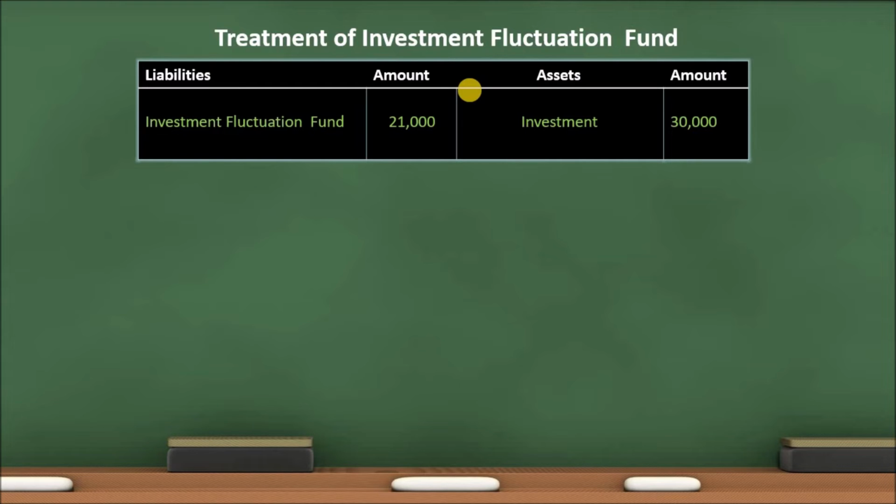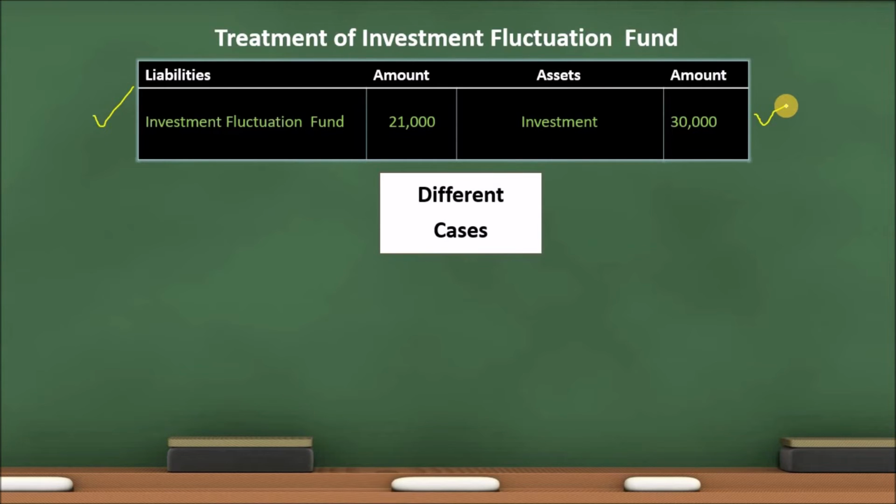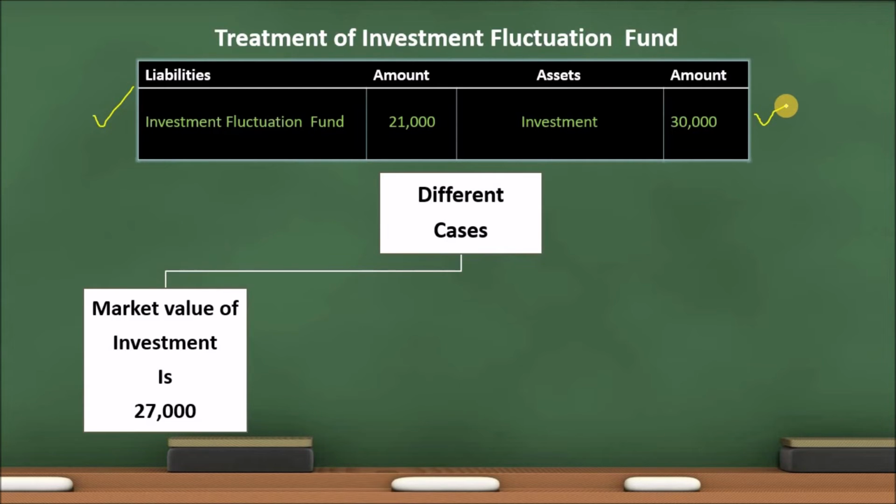Now let us see different cases of investment fluctuation fund. I am taking an example where the investment fluctuation fund appearing in the balance sheet is 21,000 and the investment recorded in the books is 30,000. The different cases can be when the market value of investment is 27,000. So you can see the book value is 30 and the market value is 27, so the market value is less.